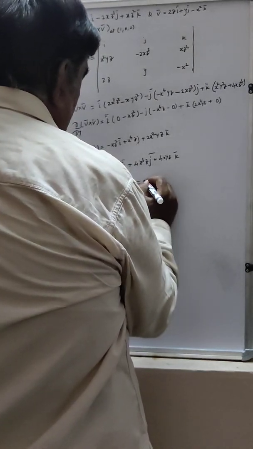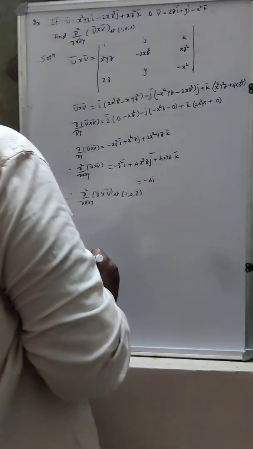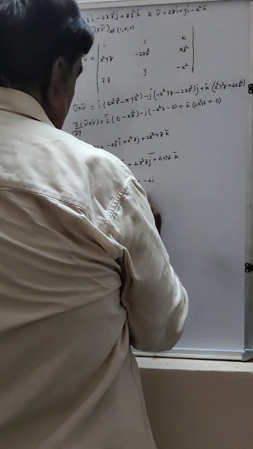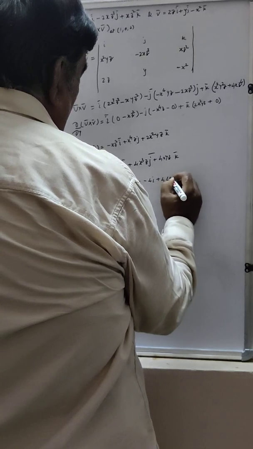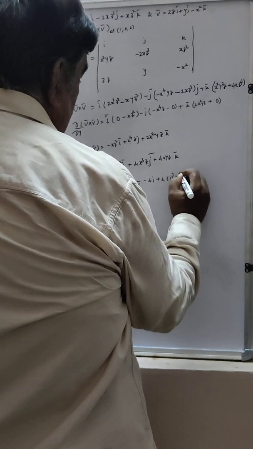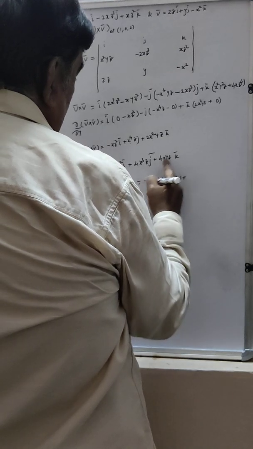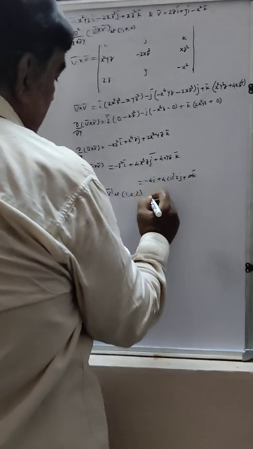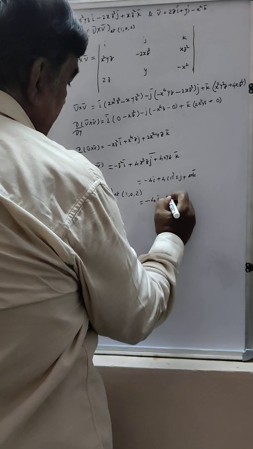Therefore minus z square, that is minus 2 square, that is minus 4 i. Plus 4 times 1 cube into 2, z vector. Here 4xyz, but here y is 0, therefore this product becomes 0. It is equal to minus 4i plus 8j vector.